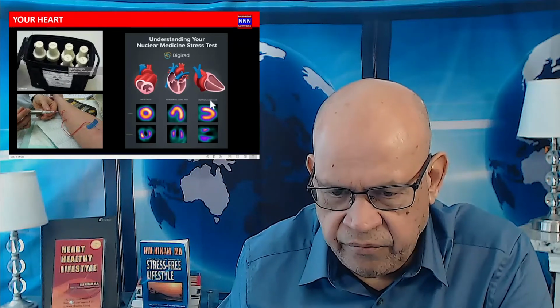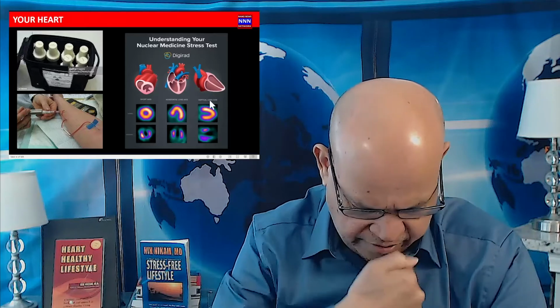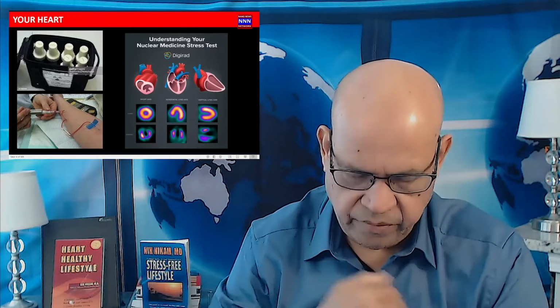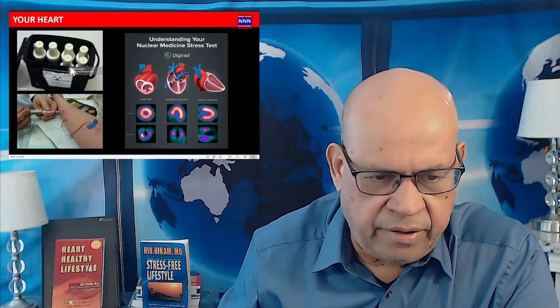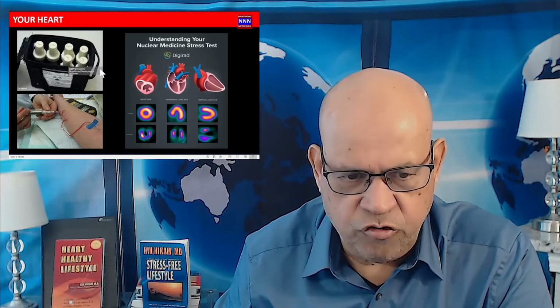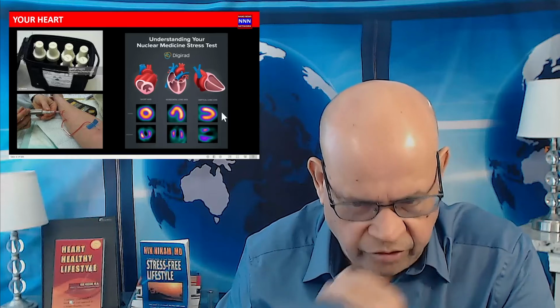And when it's going vertically, like slices going through like this, then we have the anterior wall and the inferior wall. The isotope is very well protected, and we have to have very strict radiation guidelines in order to be certified to perform a nuclear stress test.